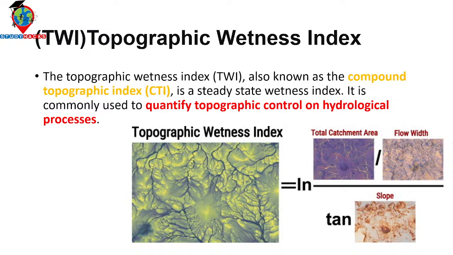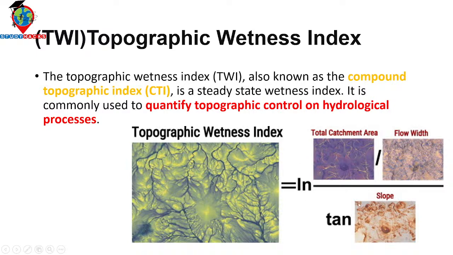It is commonly used to quantify topographic control on hydrological processes. Here you can see the formula: the topographic wetness index equals ln, the natural logarithm, of the total catchment area divided by flow width, finally divided by tan slope.